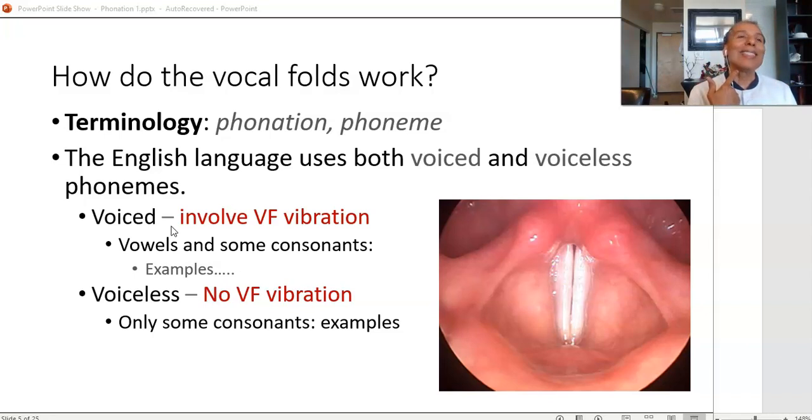So when I say zzz, there is voiceless sound coming from the oral cavity, and there's voicing coming from the vocal fold vibration. So by nature, voiced sounds involve two sources of phonation.